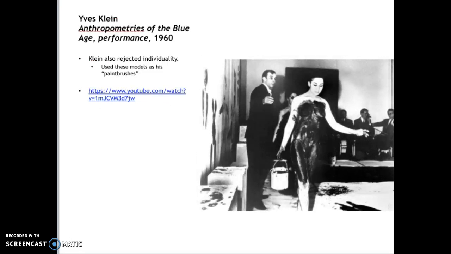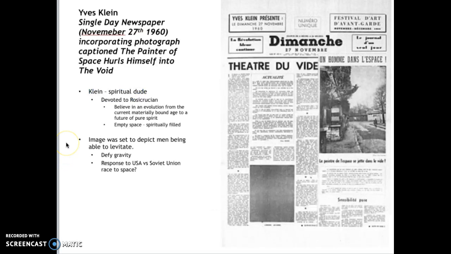Okay, so then we have Yves Klein. Again, Yves Klein has young, beautiful women. He paints their bodies. They roll around on canvases. This is Yves Klein's Single Day newspaper. So it's incorporating a photograph caption, the painter of space who hurls himself into the void.